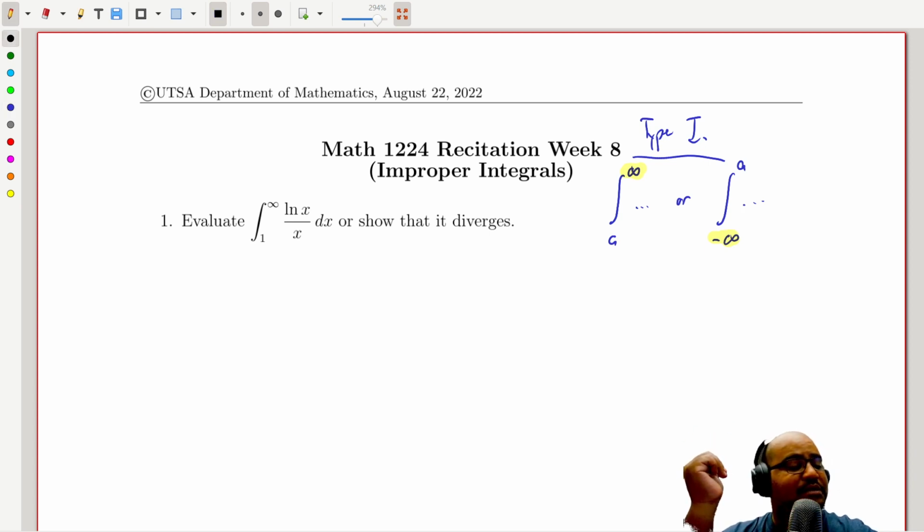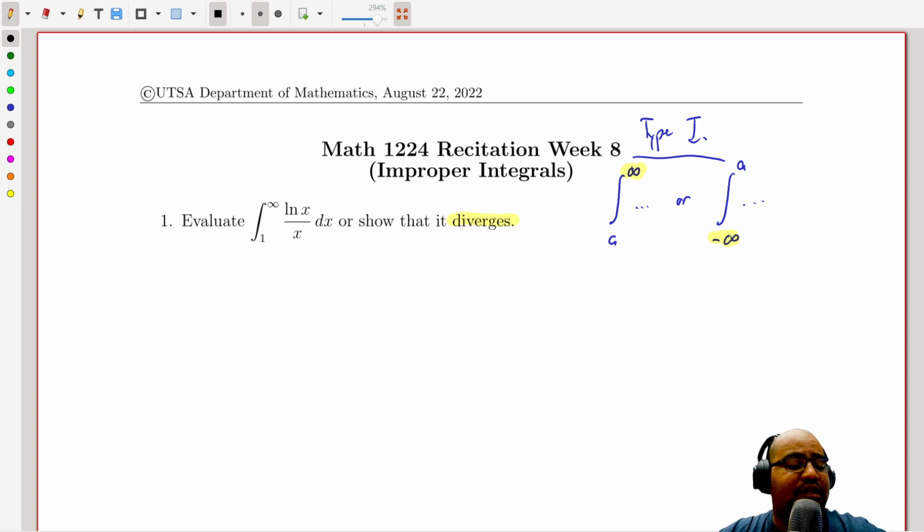We have to remember some things about limits, so you should refresh your limits. Watch the limits refresher video series. You'll get a nice basic refresher on some of those limits from Calculus 1 that we may not have seen for a long time. So we have this integral here, 1 to infinity of log x over x dx. We want to evaluate this or show that it diverges.